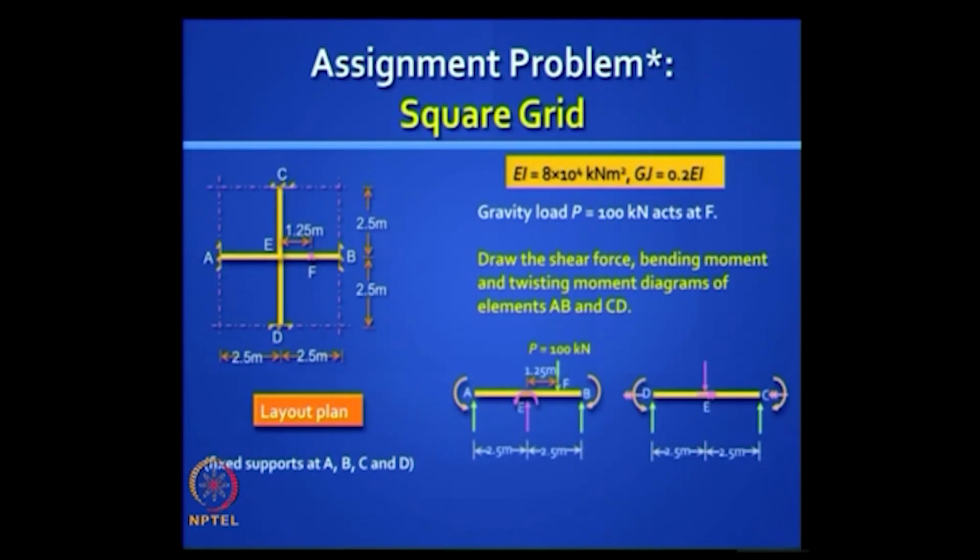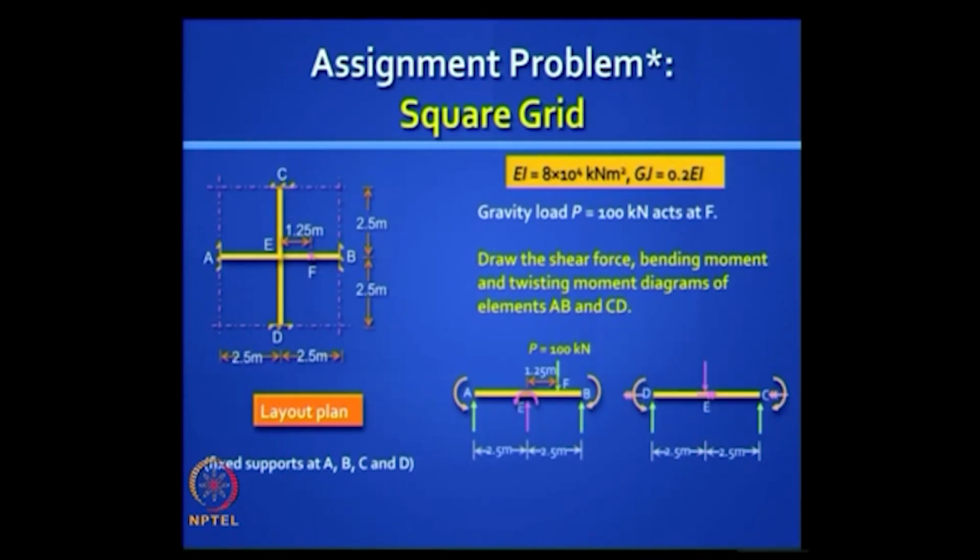If you draw the free bodies, it is similar to the previous problem. You will find that AB will be connected to CD through the joint at E, right. For AB, what do you have?